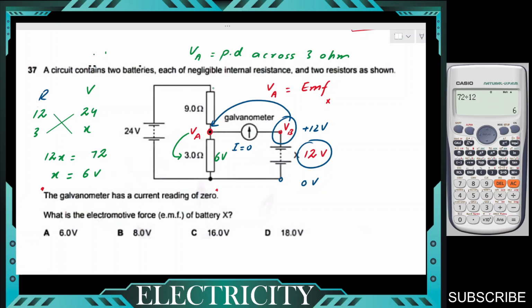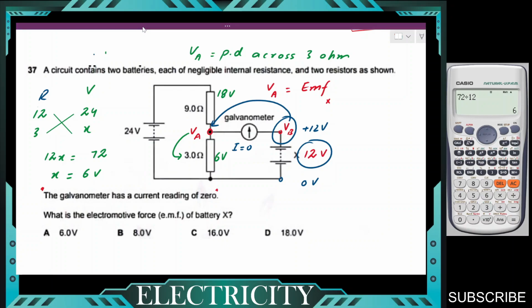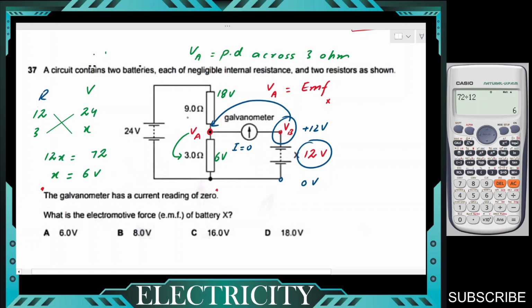24 minus 6 would be 18. And see, it is once again consistent with our understanding of the ratios. This resistance is 3 times greater than the lower one, hence the potential across this one is 3 times greater than the one at the bottom. But that was just a side note. It has nothing to do with the question.